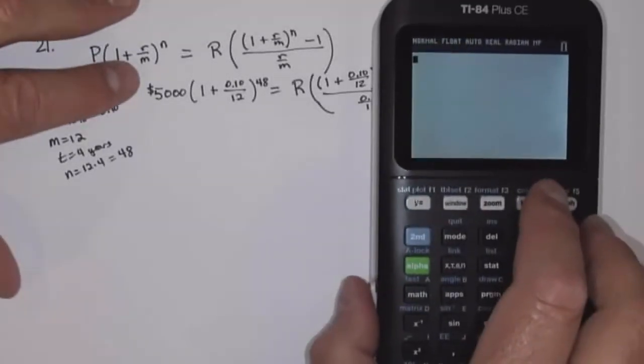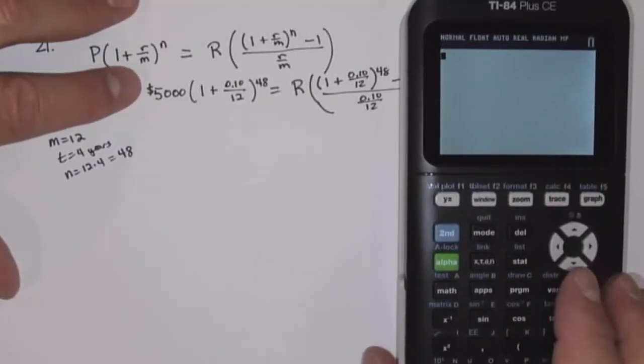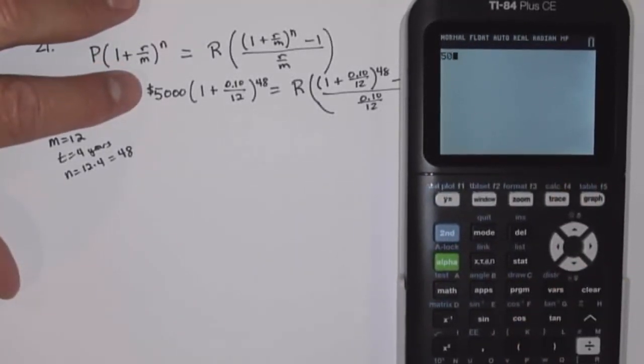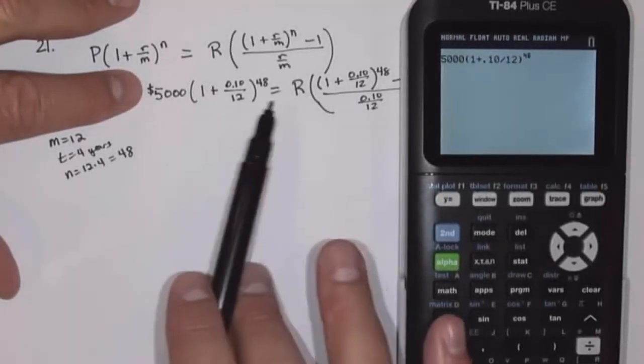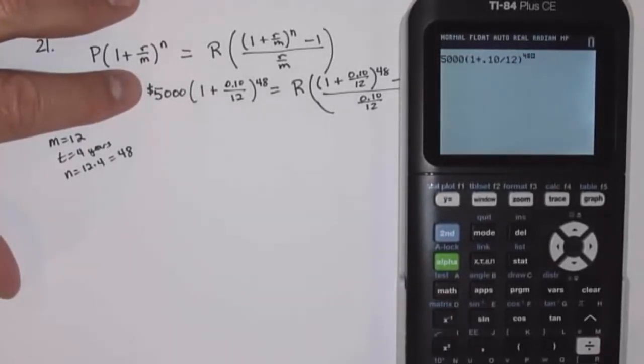So on the left-hand side, I'm going to just punch this all in at one time. So I'm going to have 5,000 times (1 plus 0.10 divided by 12), close parenthesis, raised to the 48th power. I'm just punching that all in my calculator at once. Depending on your calculator, you may need to do that in parts.